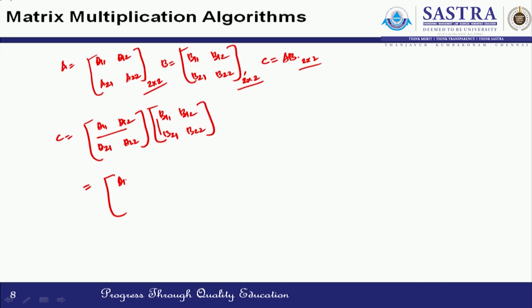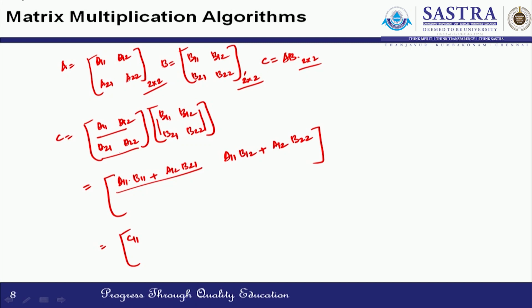Here we can write first row and first column. That means A11 B11 plus A12 B21. First row, first column, right? This is the resultant matrix C in which C11 is obtained. To obtain C12, first row is multiplied with second column: A11 B12 plus A12 B22.